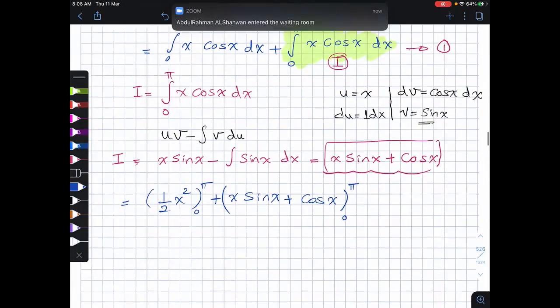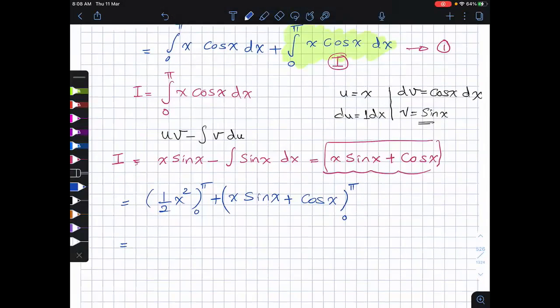Let's evaluate. Substituting pi, we have half pi squared, and then minus 0, which I will not write. Then we have pi sine pi plus cosine pi.